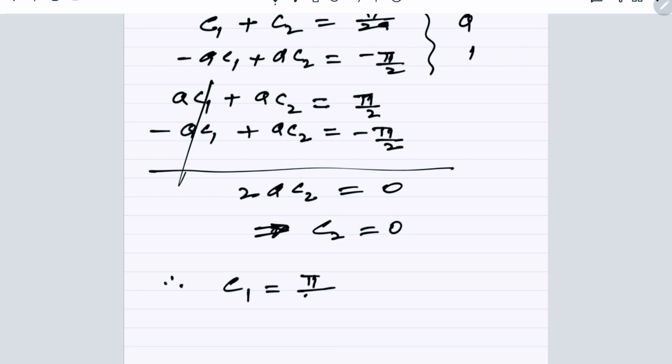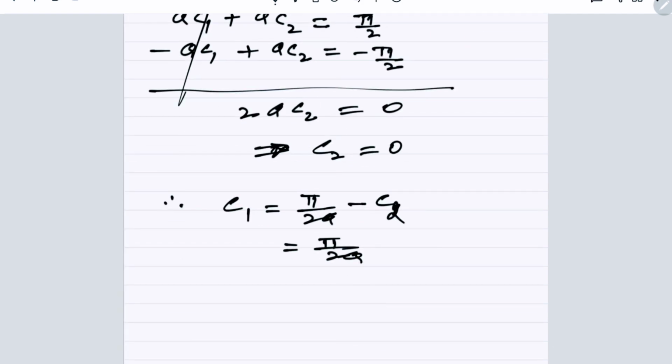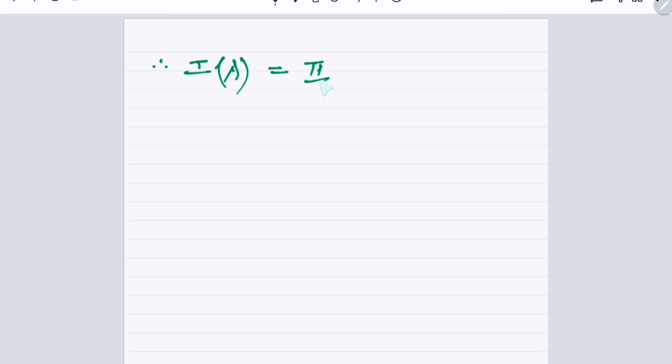Substituting that value in the first, we get the value of c1 as pi by 2a minus c2, but c2 is 0. The value is pi by 2a. Substituting this in equation 2, we get the value of I of lambda as pi by 2a e raised to minus a lambda, and as c2 is 0, the second term becomes 0.